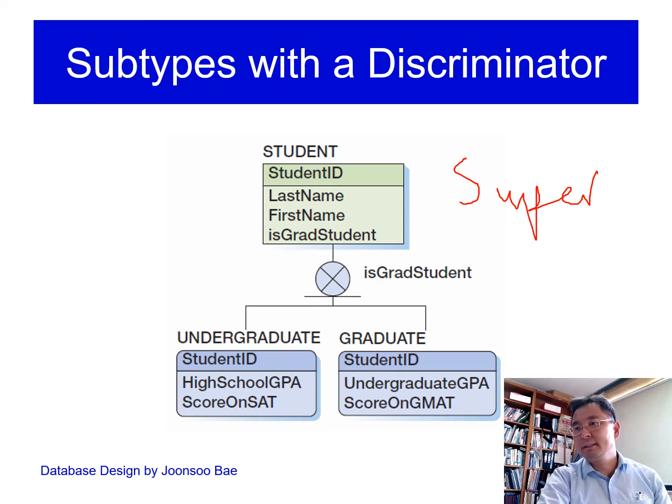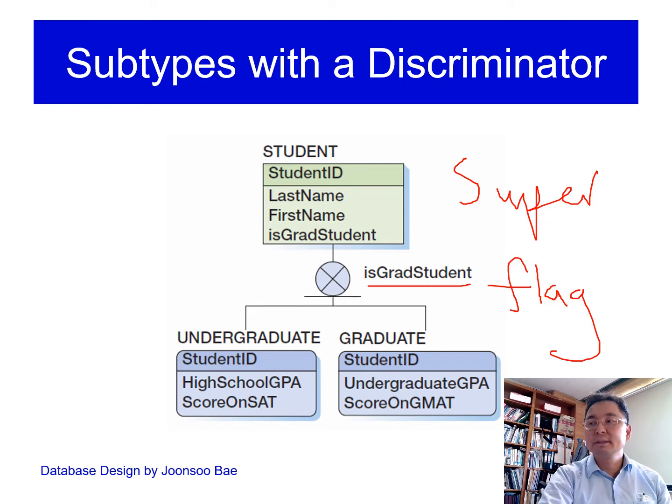Okay, and this graduate student is a flag field. This flag field will be a discriminator flag, to discriminate between undergraduate and graduate entities.